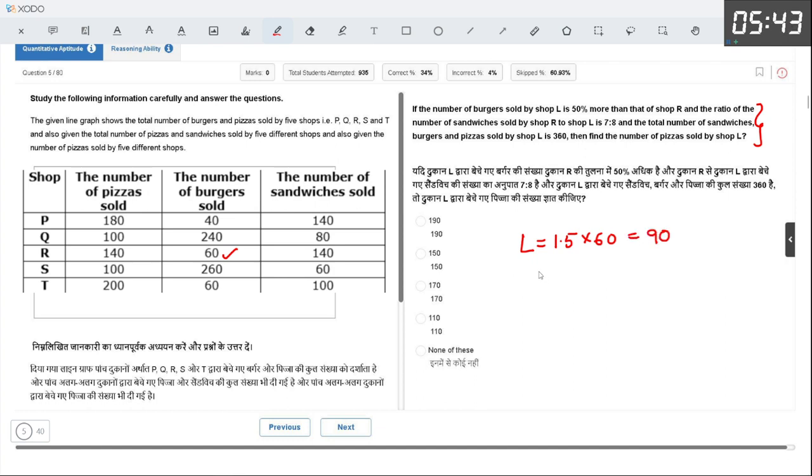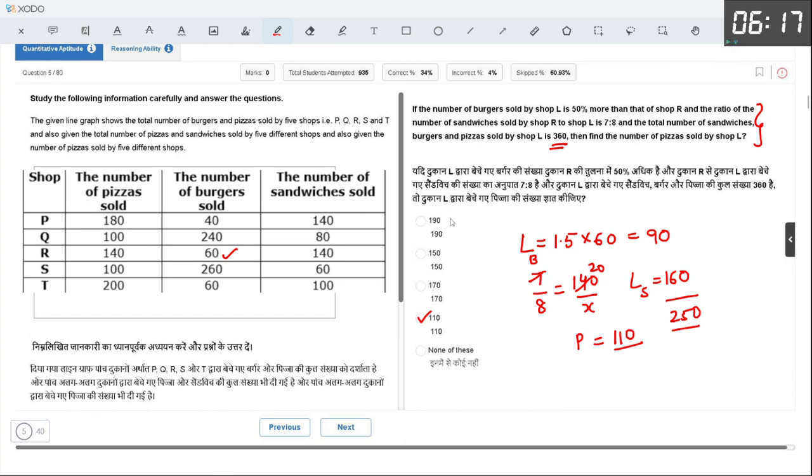And the ratio of sandwiches of R is 140, so what will be the sandwiches of L? L burgers 190 plus 160. So total with L is 360. Number of pizzas will be 360 minus 250 is 100.